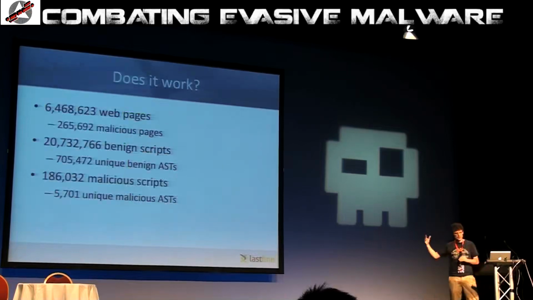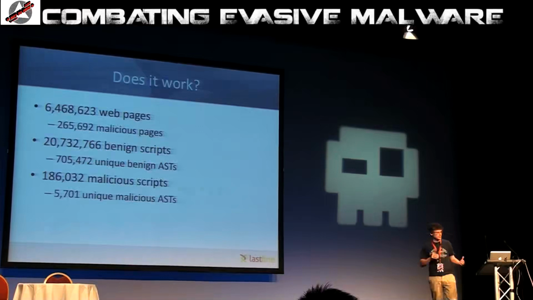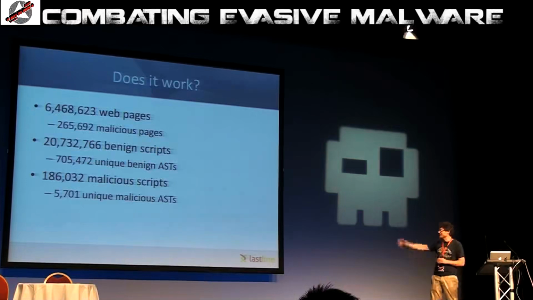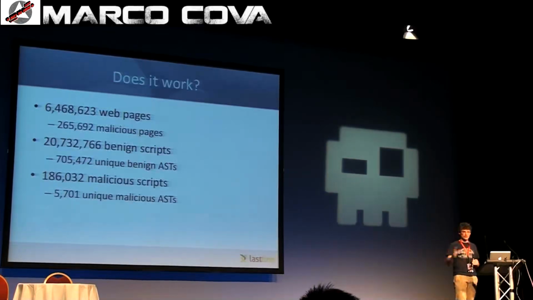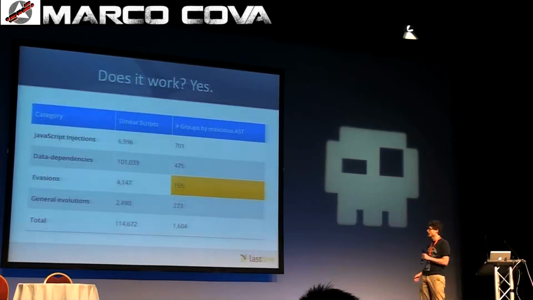All right, so here are a few numbers on the evaluation that we did of the system. We looked at 6 million pages. From these, we extracted 20 million scripts. There can be more scripts per page, of course, and 186,000 malicious scripts. Then we did this comparison to identify any new evasive techniques that we were not aware of.